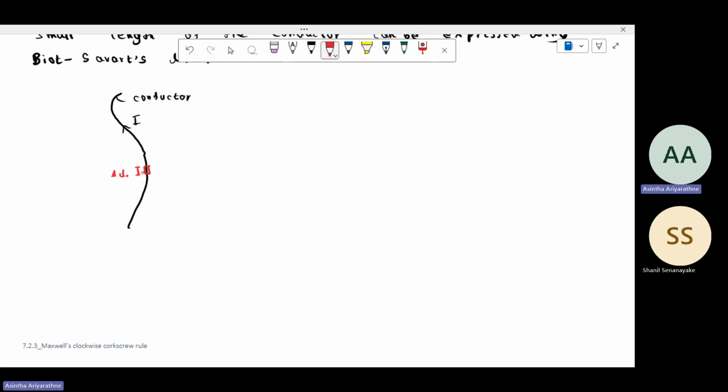And this is the point P where the magnetic flux density needs to be found. And the distance from the infinitely small element delta L to the point P is R.